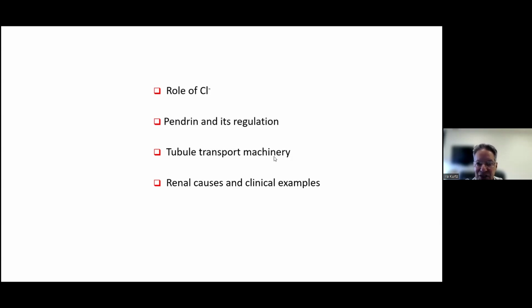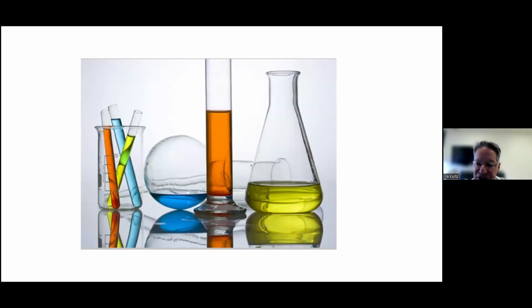We'll talk about the rest of the tubule machinery that's involved, and then we'll go back into clinical cases. We'll go right from the clinical case and try to pierce right down into the tubule and see what's going on in each of those types of patients, chloride responsive, chloride non-responsive, as to what of these factors is exactly going on.